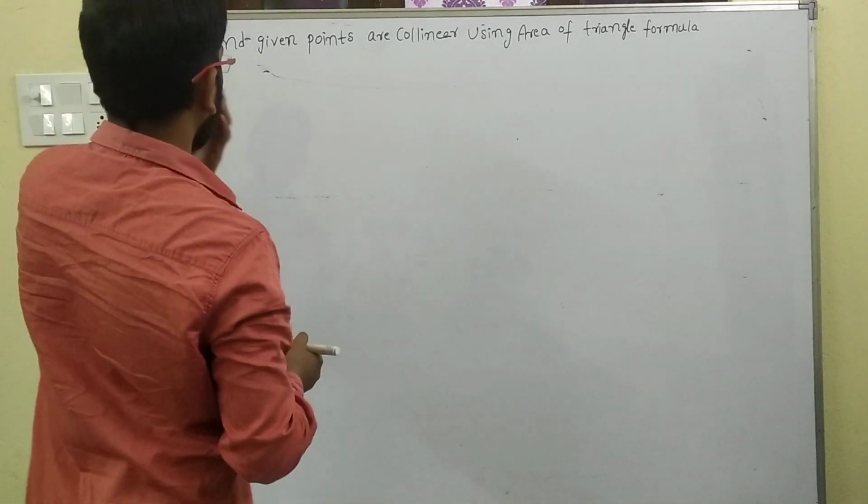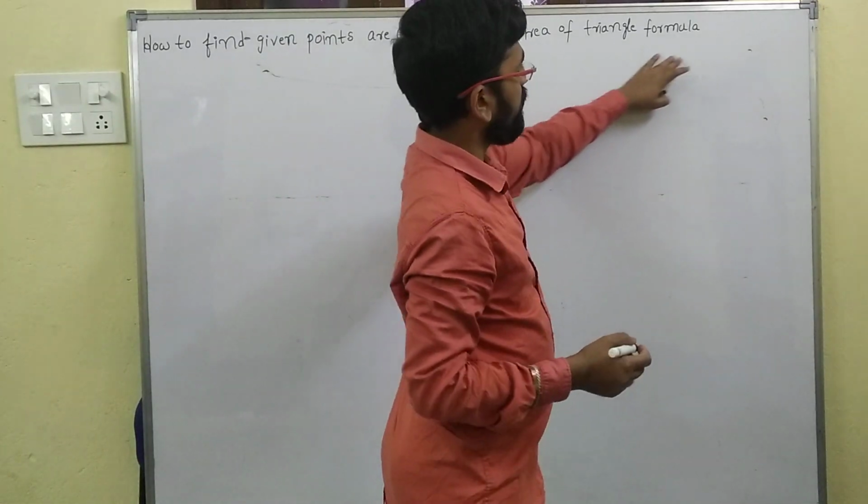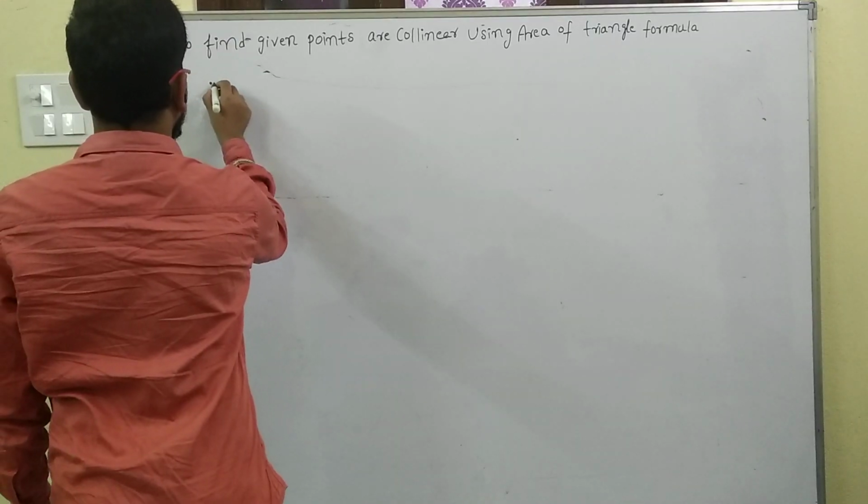So how to find given points are collinear using the area of triangle formula. If the points are given like this, what do we mean by collinear?